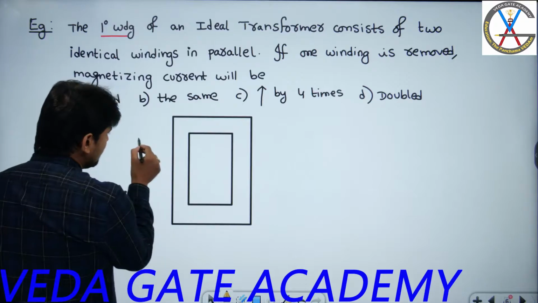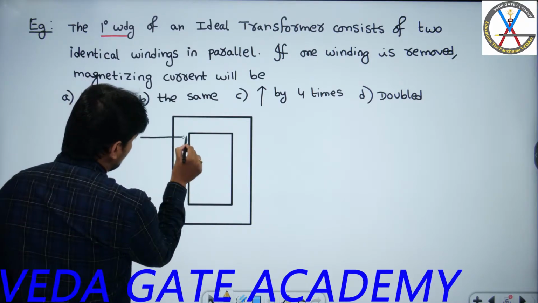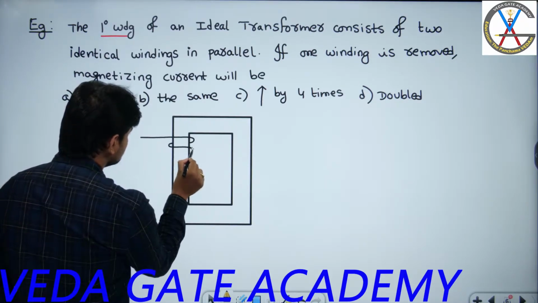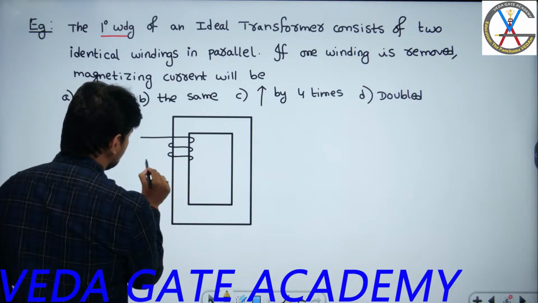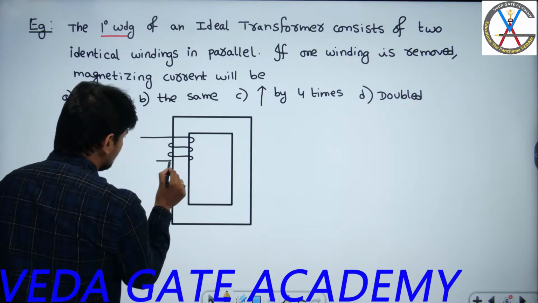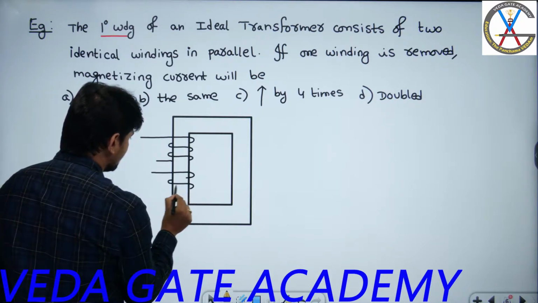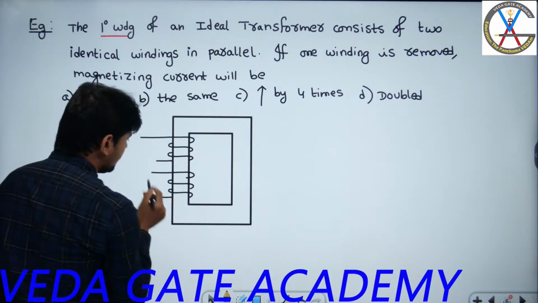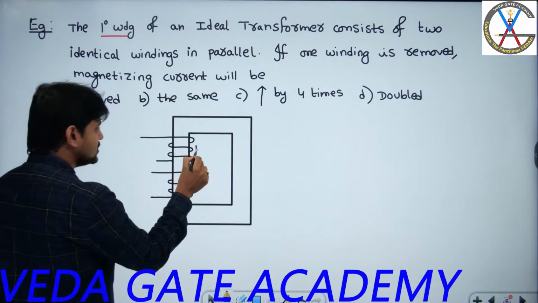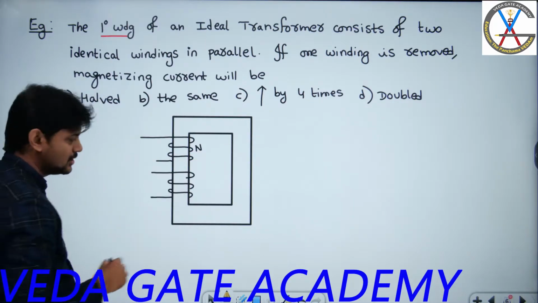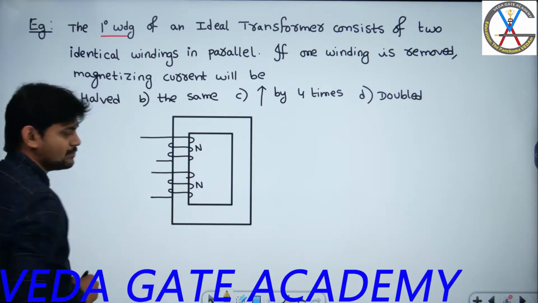Here what I am doing is I am considering two identical windings. Let us assume that this is one winding, and I am having one more winding. If I am using the term identical windings, if I am saying this consists of n number of turns, this winding also consists of n number of turns.